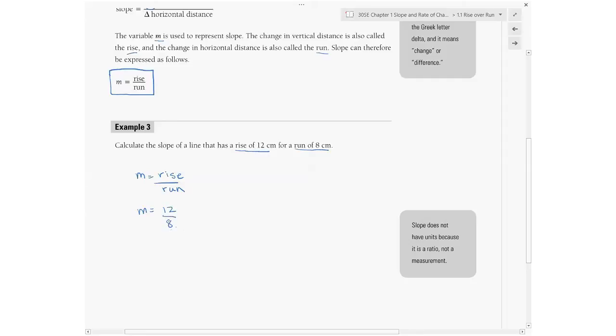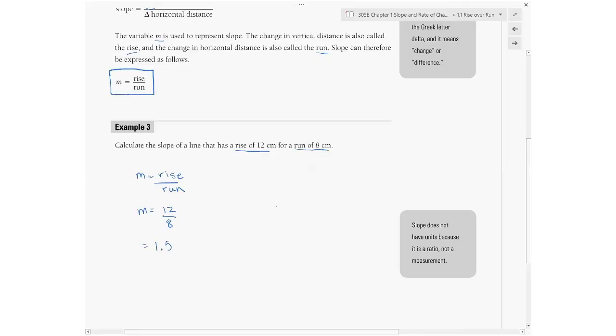And when you divide that, because remember, a fraction is just a division, you could say this is 12/8. We could reduce it, since they're both divisible by 4, so it would be 3/2. 12 divided by 8 is 1.5. So the slope is 1.5.